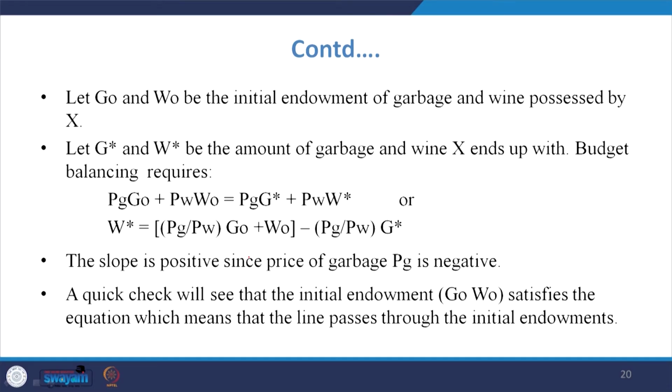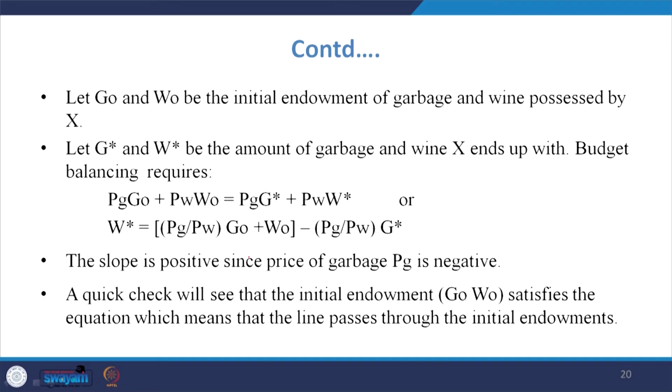Let us take garbage G0 and wine W0 as the initial endowment of garbage and wine. Let G star and W star be the amount of garbage and wine that person X ends up with after the trade. The budget balancing equation can be done here in the same manner.